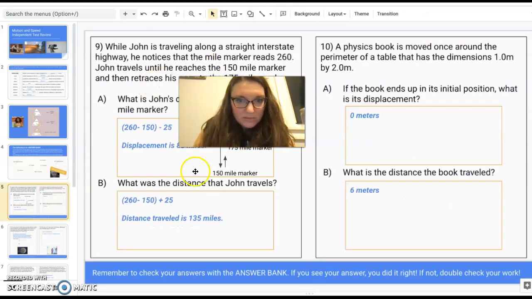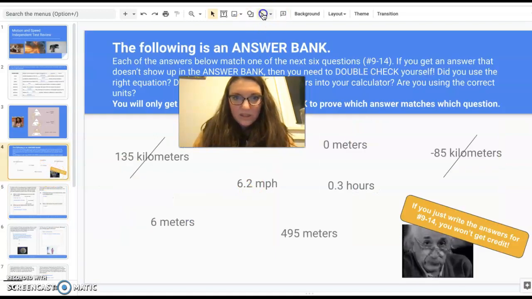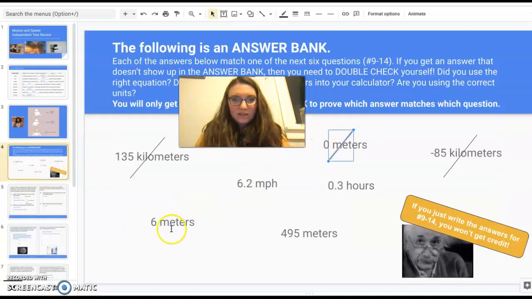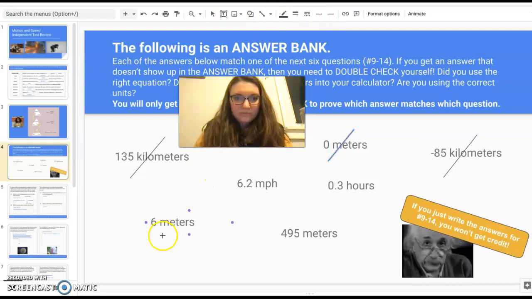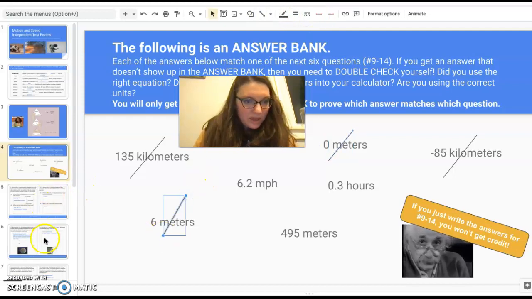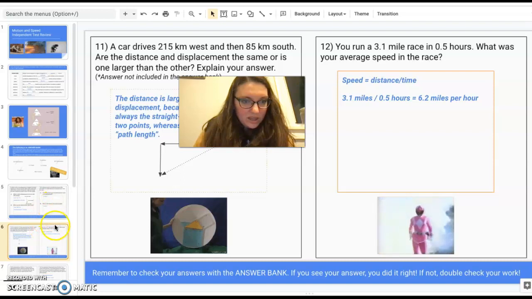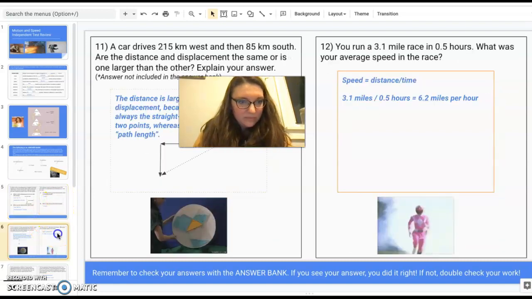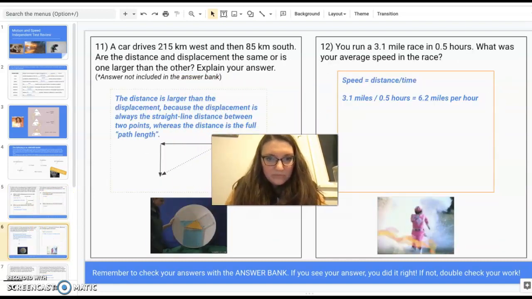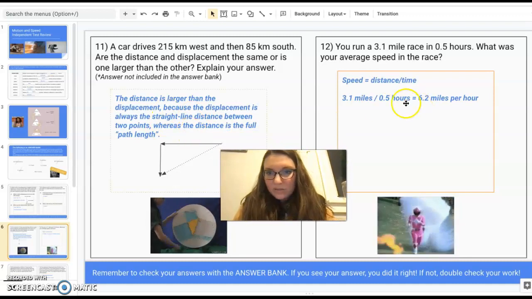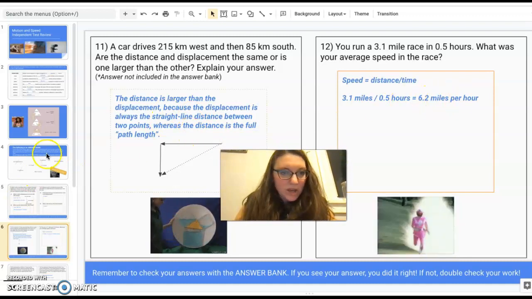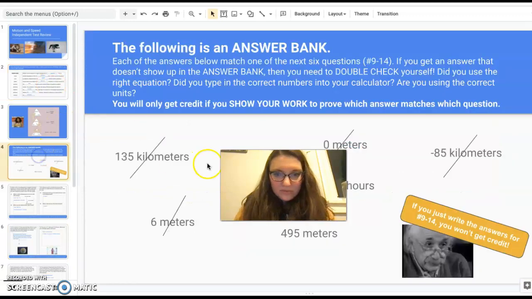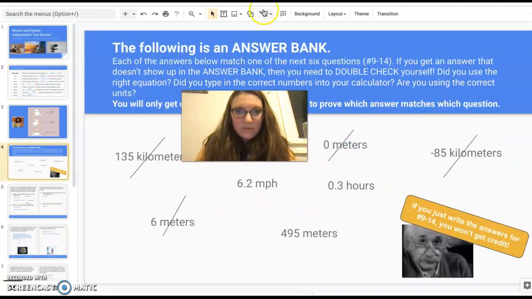Was it kilometers? That's fine. Okay, then we got 0 meters and 6 meters. Cool, got those. Okay, and then we got, okay, this one's not in the answer bank. This one's going to be 6.2 miles per hour. Yep, there's that one.